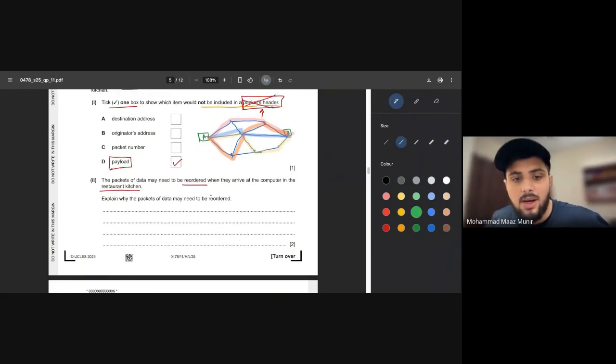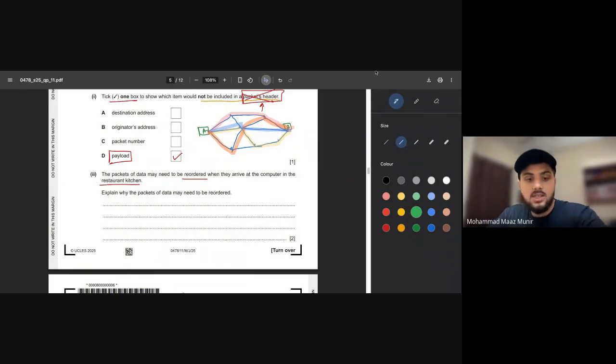So the same point is coming here, that we have to state why it is required to be reordered: because each packet takes a different route.